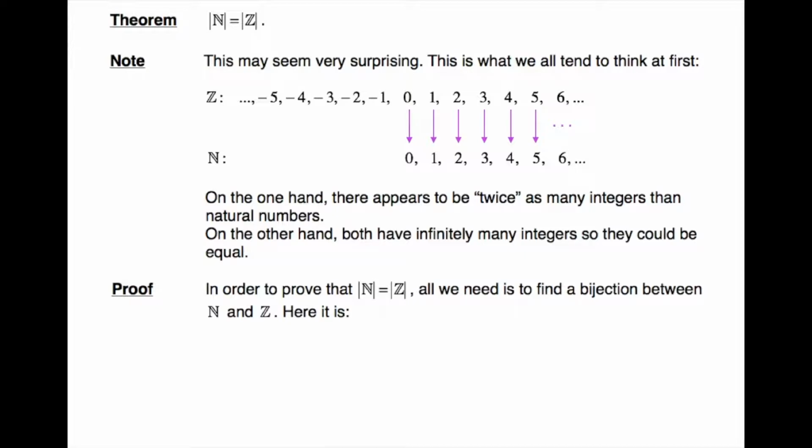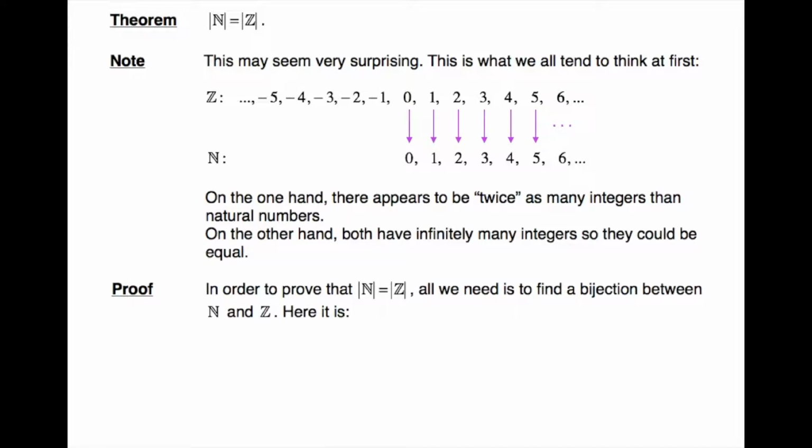So both of these ways of thinking are slightly incorrect. What we can do now that we have a new tool, finding a bijection, is to order the elements of Z in a different way that is going to help us create a bijection between them.